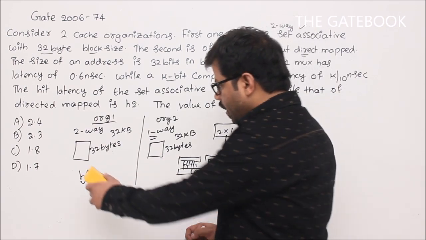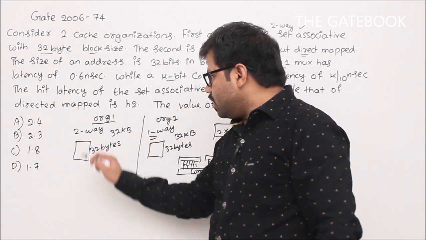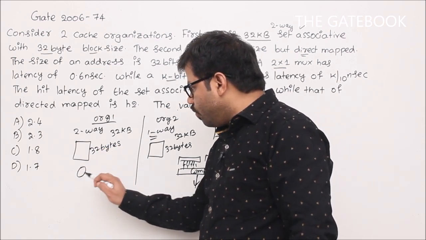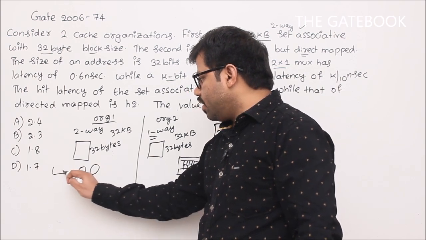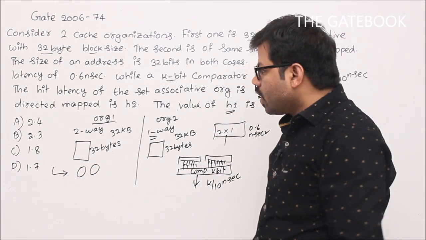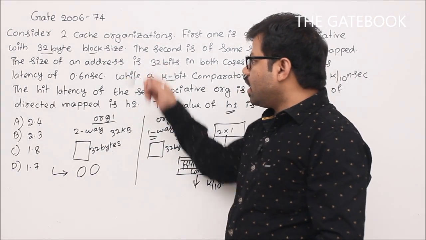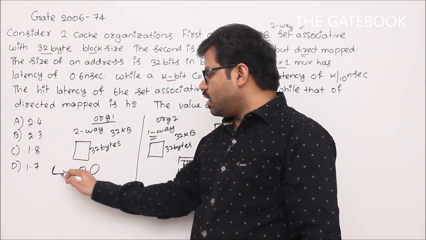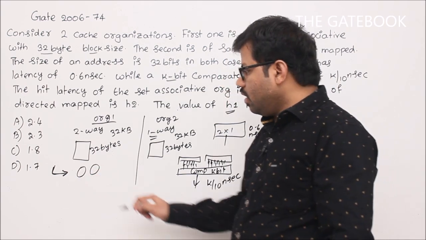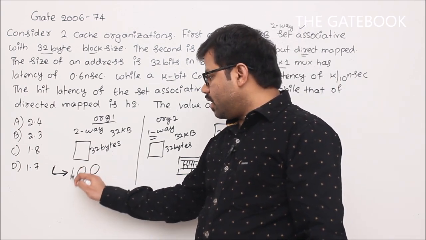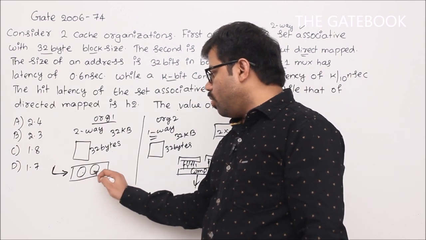If it is set associative, since it is two-way set associative, I can show with a simple picture. We first have to come to the right set. Because no details are given on how to do that, assume it takes 0 delay, using very fast indexing, so we came to the right set. In the right set we have two blocks.